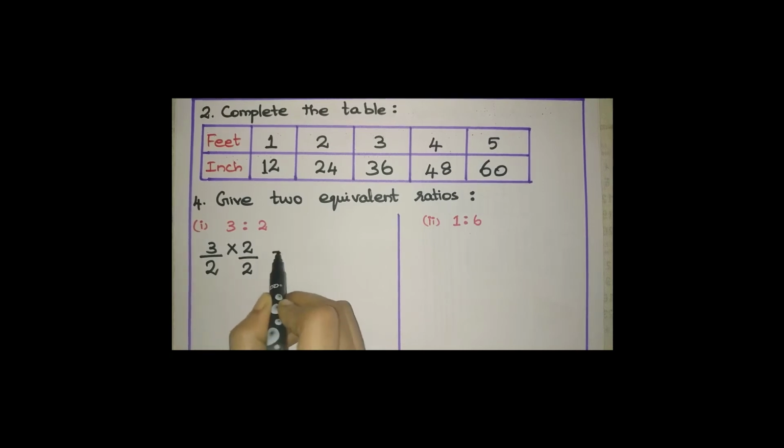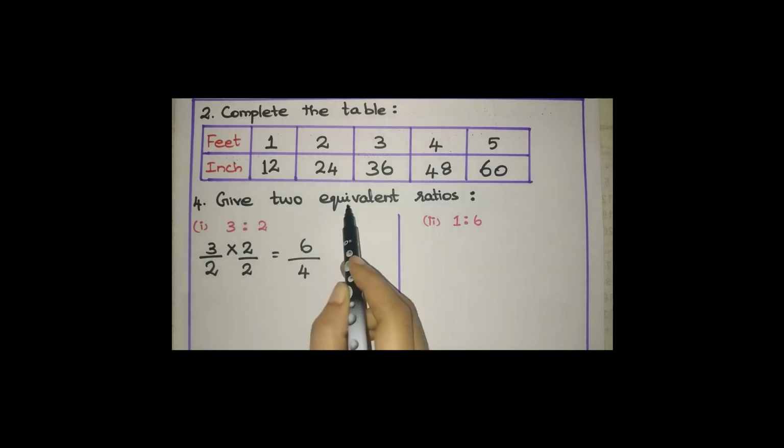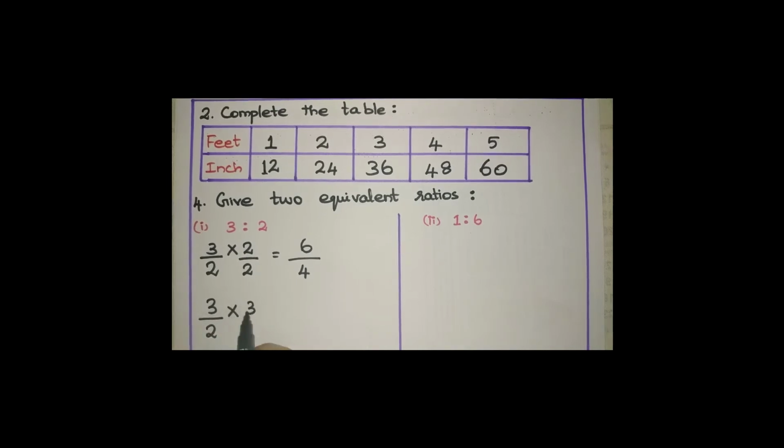So I am multiplying 3 2s are 6 and 2 2s are 4. You have to find two equivalent ratios. Let's take another number. So 3 by 2 into 3. So I am multiplying both the numerator and denominator by the same number 3. 3 3s are 9. Very good. 2 3s are 6. That's all.